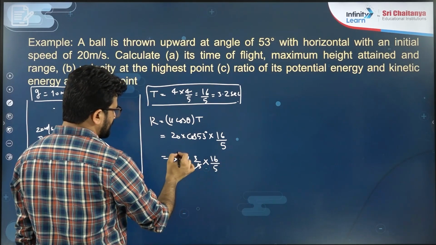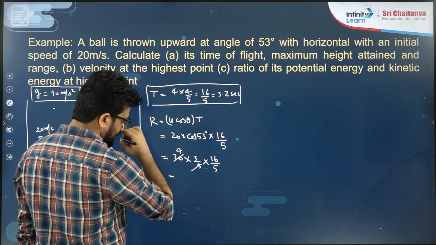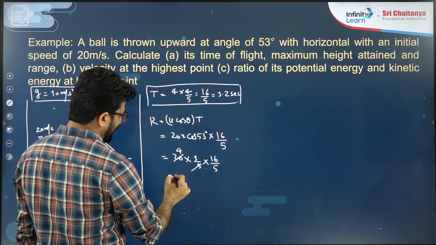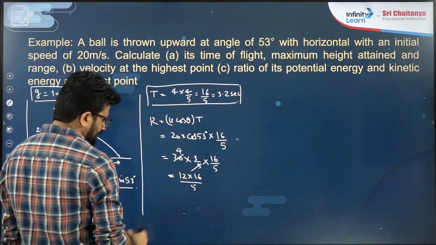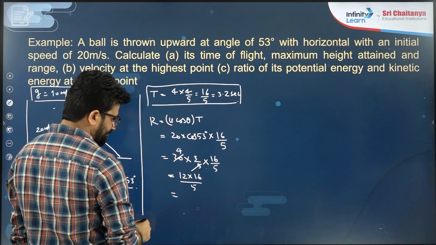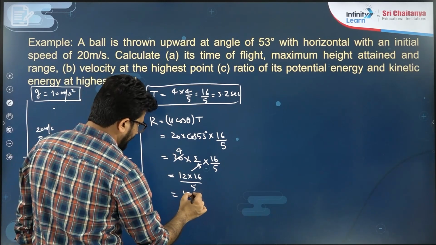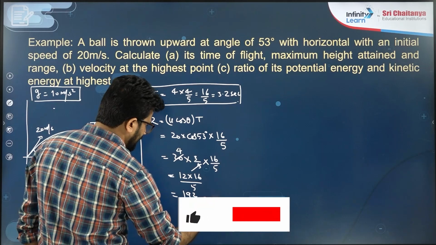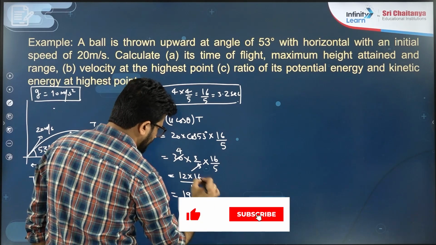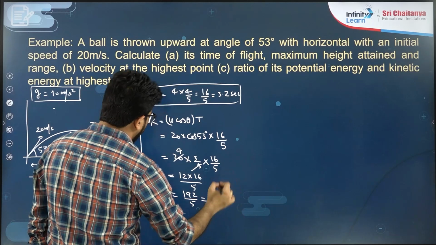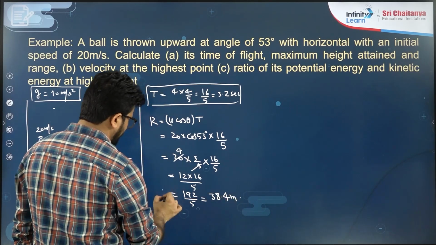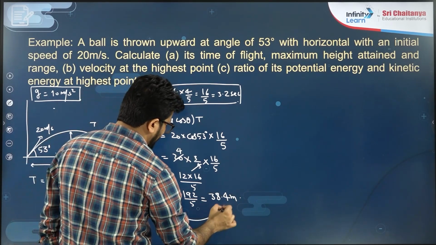From 5 this becomes 4, and just multiply this, 12 into 16 divided by 5. So that value would be 192 by 5, that is equal to 38.4 meter. That's the range.